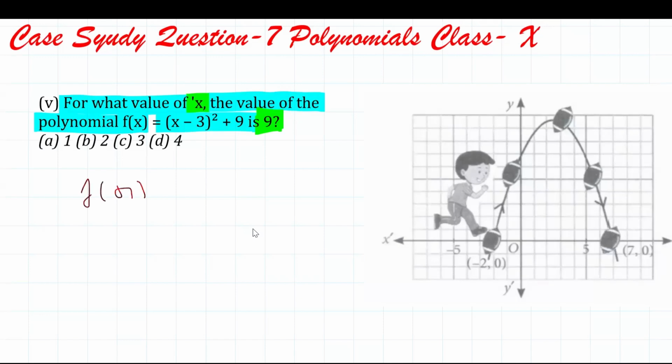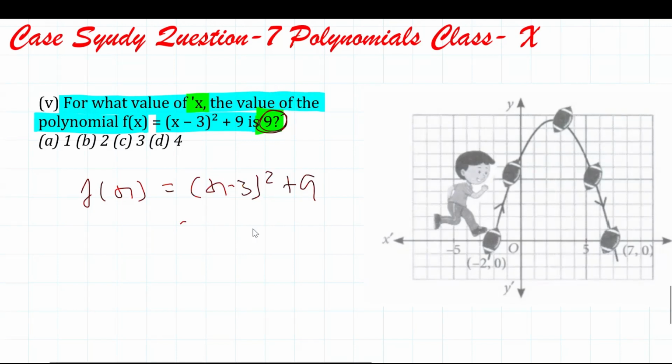So f(x) is equal to (x minus 3) whole square plus 9. They are asking for what value of x the result is 9. Well, you can estimate directly that to get 9, this part must vanish.